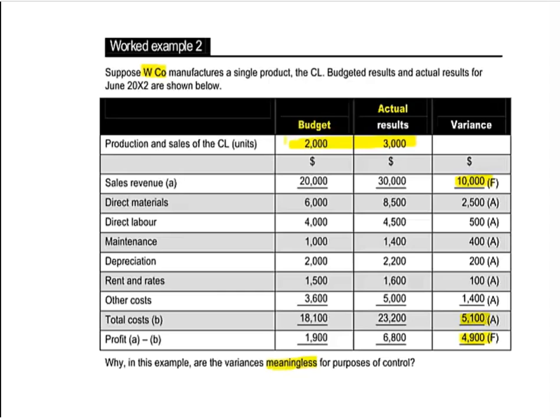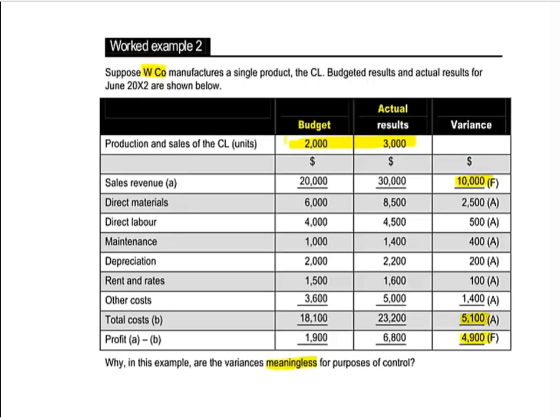We've made 50% more units than we were planning to, so it's expected then that our costs would be higher because actually we've produced more units, but it's also expected that our revenue would be higher. So what we don't know then in this extra profit of 4,900, how much is down to the extra units being produced and how much is down to operating efficiency.